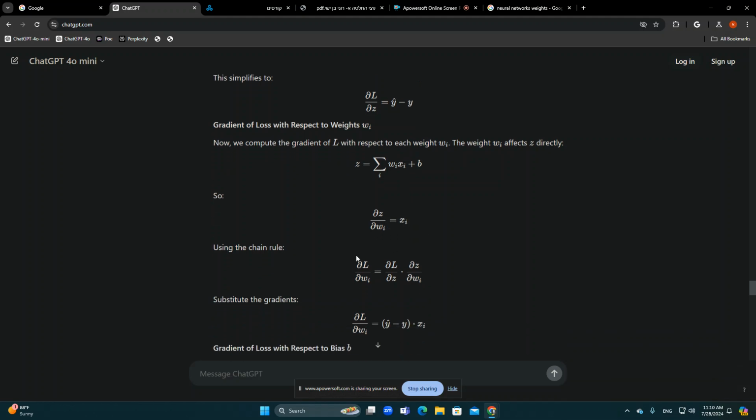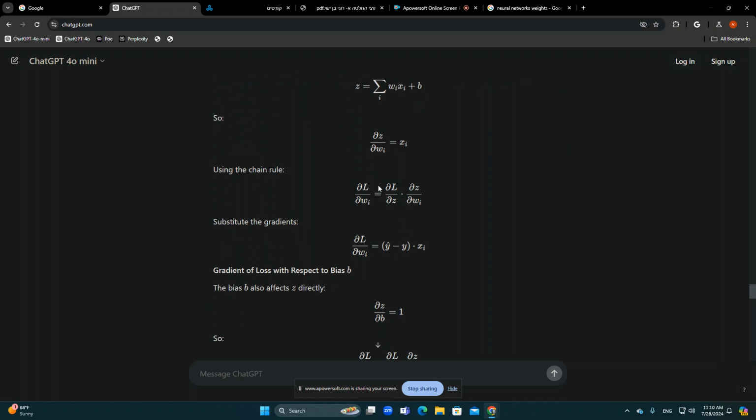Now the derivative of the loss function with respect to wi, which we want, is the derivative of L with respect to y hat times the derivative of y hat with respect to z times the derivative of z with respect to wi.